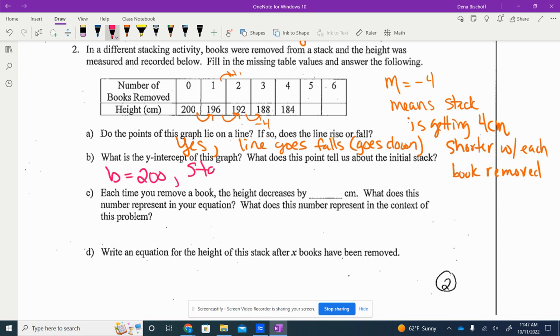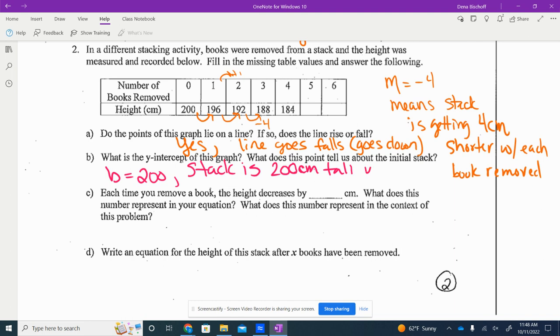Well, it tells us that the stack is how tall? 200 centimeters. Yeah. It's 200 centimeters tall when I have no books removed, right? When 0 books are removed.